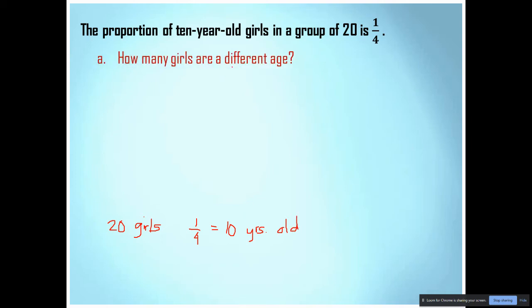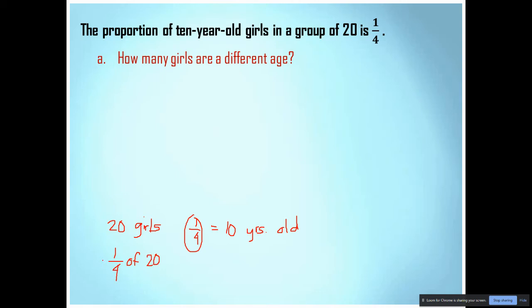How many girls are at a different age? Okay, so if 1/4 of this 20 is 10 years old, how many are not 10 years old? So we're going to find what is 1/4 of 20, so we will know how much is the difference. So what is 1/4 of 20?